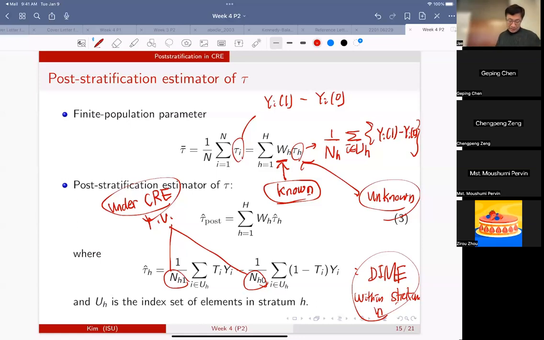To be more rigorous, we need the condition that N_h1 and N_h0 are all positive. In the stratified randomized experiment, we don't have to worry about it because we fix the sample size.